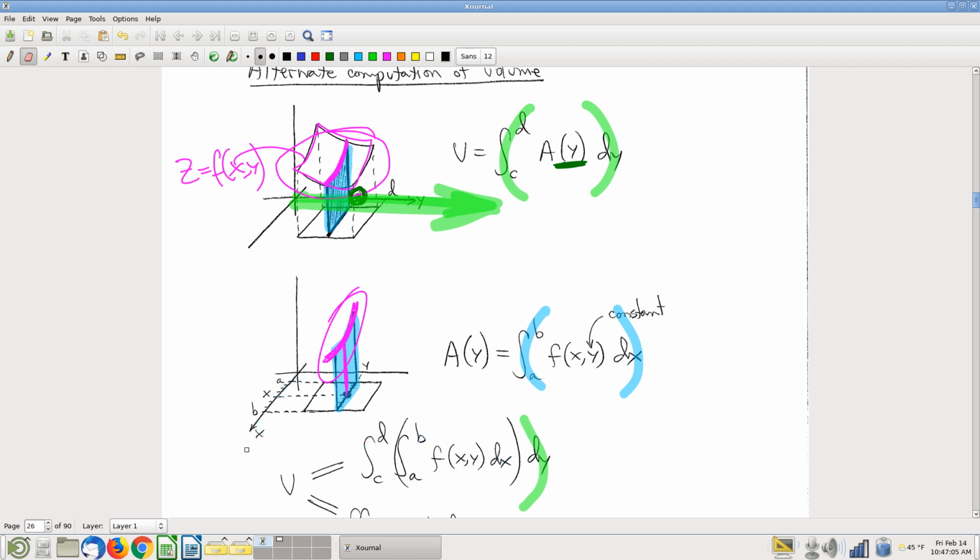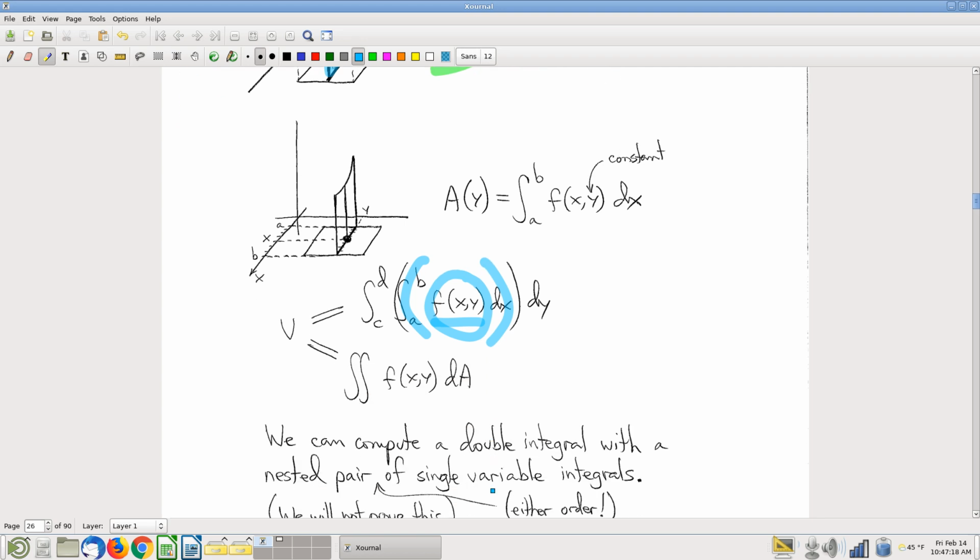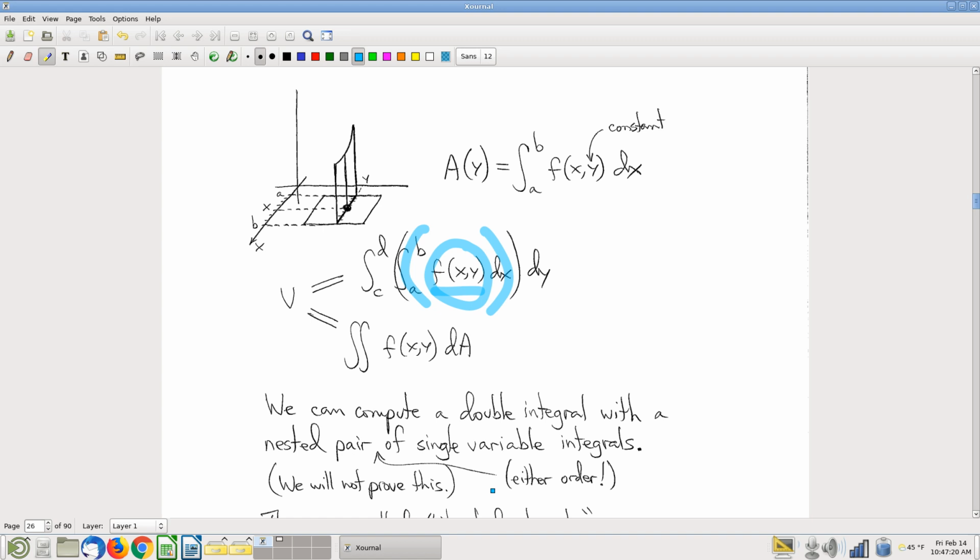I mean, this is just a matter of punching it up. So you've got f of x and y, and we're going to treat y like a constant. So this is just a function of x. You can take an x integral, knock yourself out, just ignore the whole y integral on the outside while you're doing that x integral, and what comes out is a great big function of y. In fact, you see it right there.